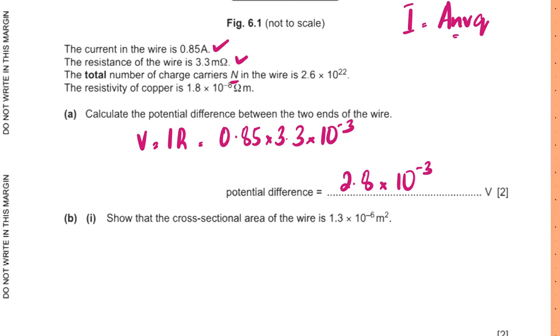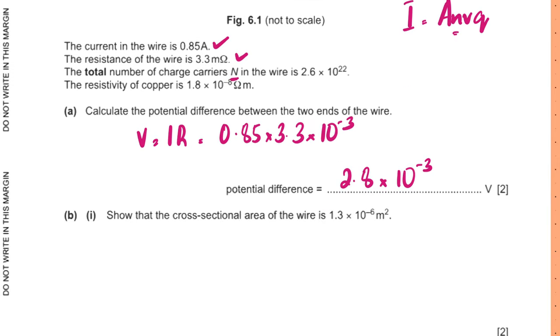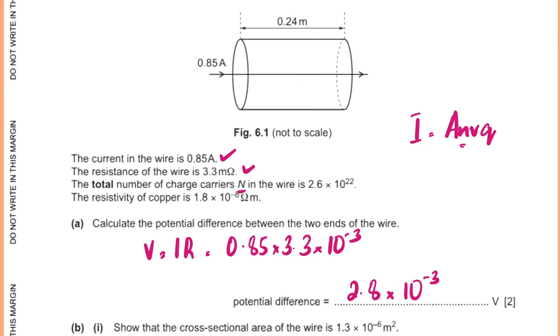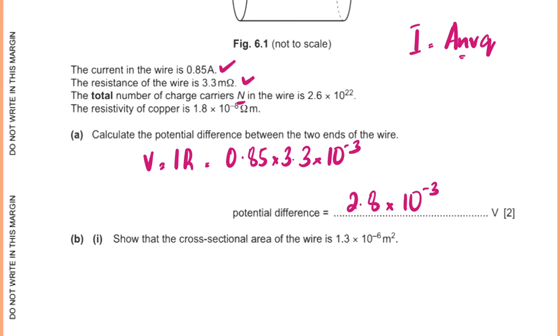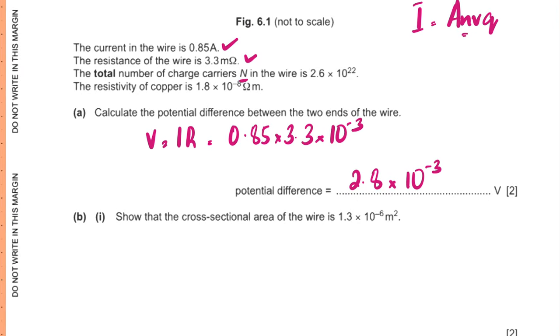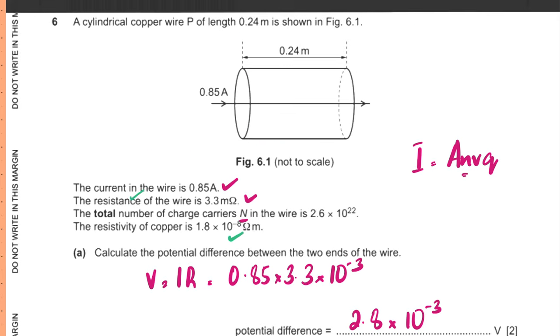Show that the cross-sectional area is this much. This is worth 2 marks. So what do I know? I know the resistivity as well. Yeah, I totally forgot about that. We know the resistivity, we know the resistance, we know the length. So finding the area is not very difficult.